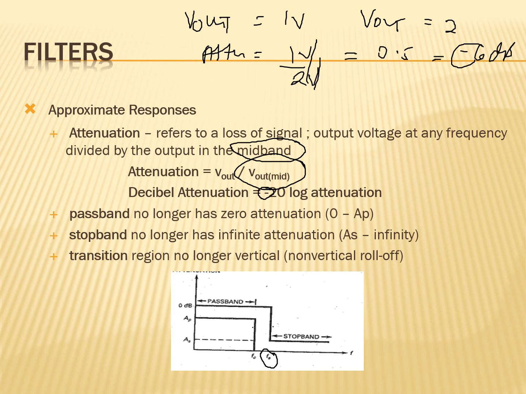So we have a new term here, AP. The gain now is from 0 to a certain AP. So for a pass band having 0.5 dB, we are compromising the ideal response by allowing up to 0.5 decibel of signal loss.